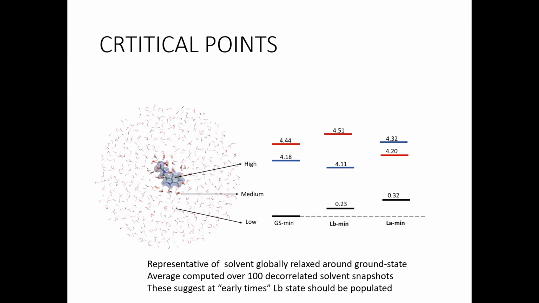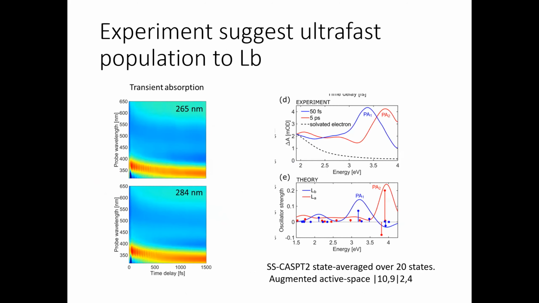So this means that at early times, we would rather see an internal conversion from LA to LB, which is quite different. And if we compare with the latest experimental transient spectra, and with highly accurate CASPT2 computations for the LA and LB states, we see this is indeed true. At early times, at 50 femtoseconds, we are collecting transient fingerprints from the LB state.